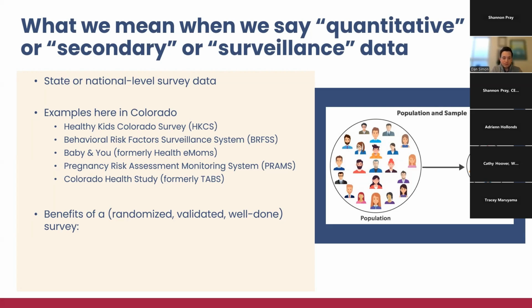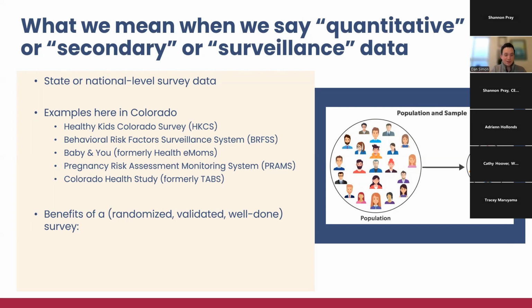The benefits, in all these cases, these surveys are taking a sample of the population, so it could be adults 18 or over in Colorado. And if the survey and methodology was sound and we get a random sample of Colorado adults, the answers they provide us to questions like, do you currently vape, we can actually estimate what the reality is out there had we been able to talk to every single person that lives in Colorado.